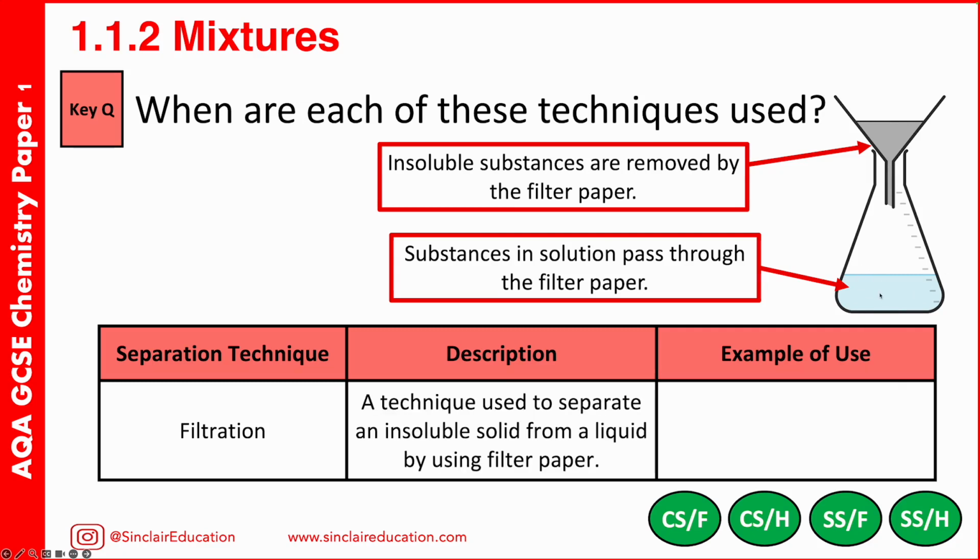So filtration is used to separate insoluble substances from a liquid by using filter paper. And sand from water might be a good example of doing this. Later on, when you look at chemical changes and making salts, you use filtration to remove insoluble bases from a solution.